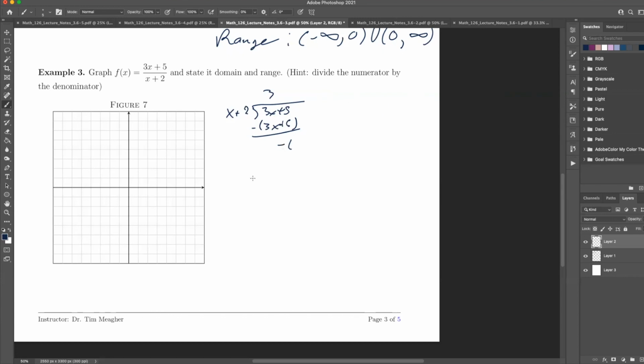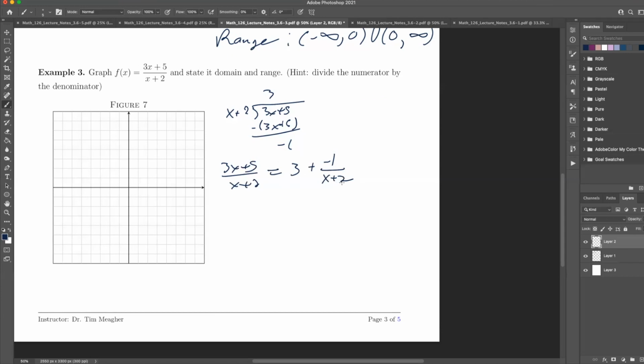Now, if I wrote this out, remember how we can write x plus 5 over x plus 2? Remember how I showed you that? It's the same thing as our quotient plus our remainder over the divisor. So we did this last time.